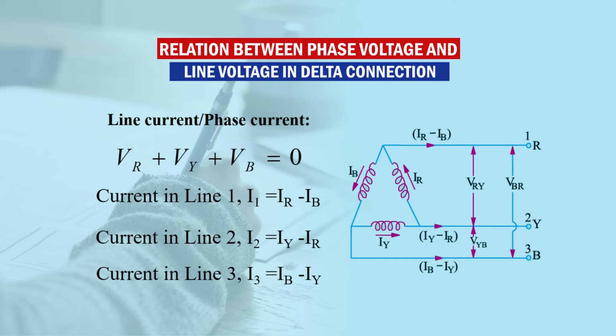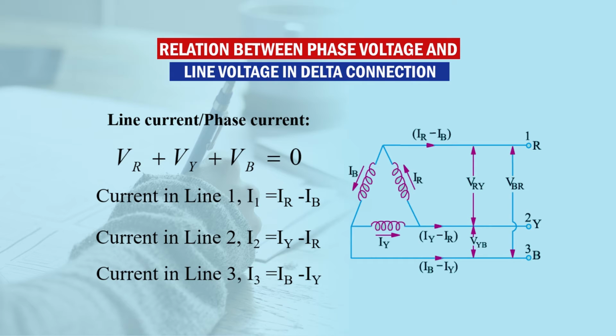Voltage between R and B can be written as VBR. Voltage between Y phase and B phase can be written as VYB. Because it is a balanced system, the vector sum of the voltages is equal to 0. So you can write VR plus VY plus VB equal to 0.